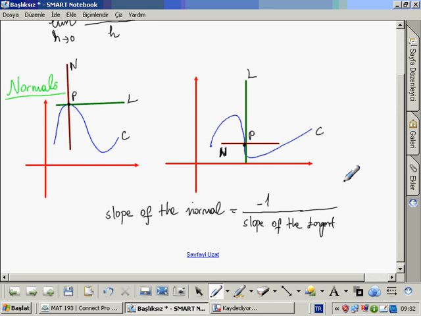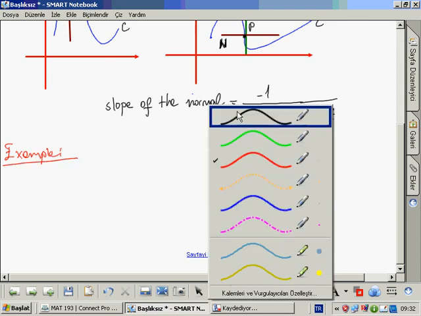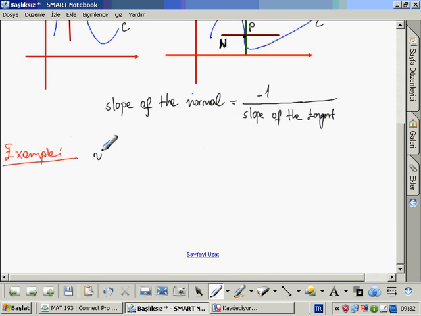Now let's do an example. y equals x squared at the point 1, 1, and find the normal equation.